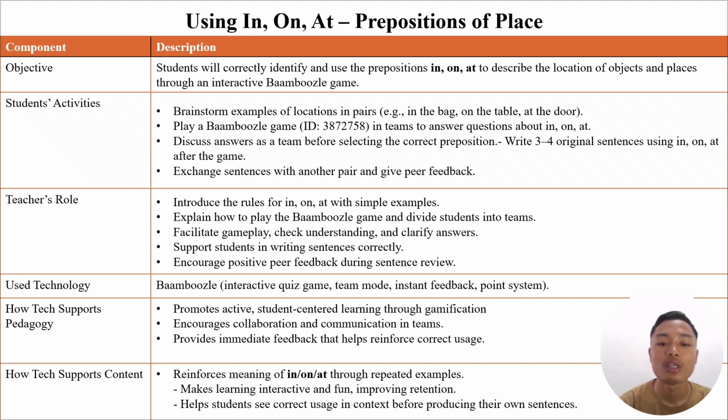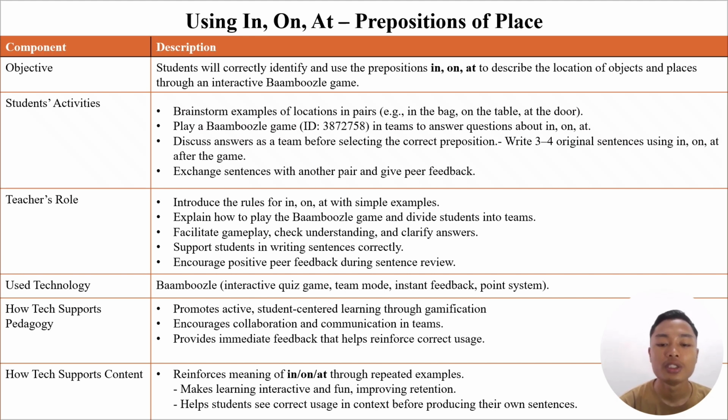This ensures all students start with the same understanding. Point two is explaining Bumble Zoo procedures. The teacher shows students how the game works, forms teams, and explains the rules so that everyone knows how to participate.